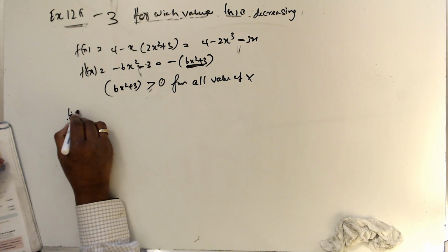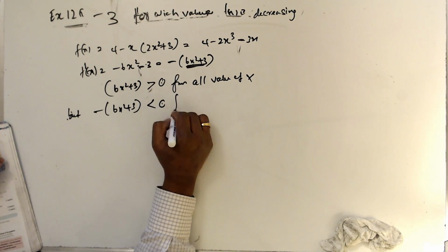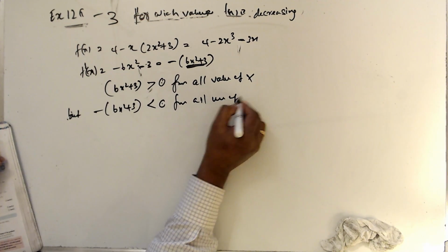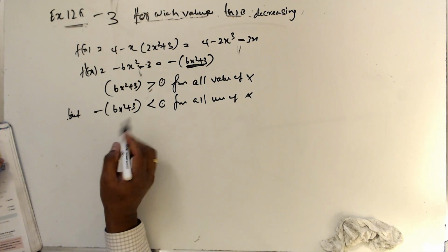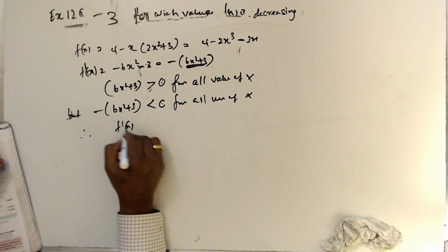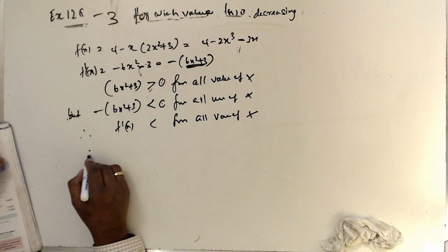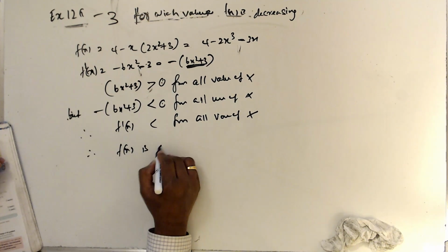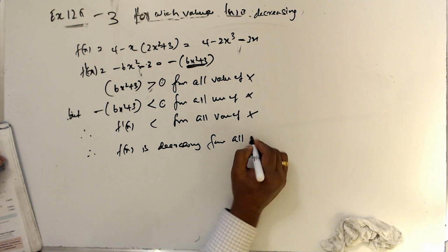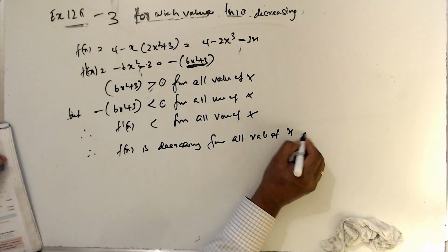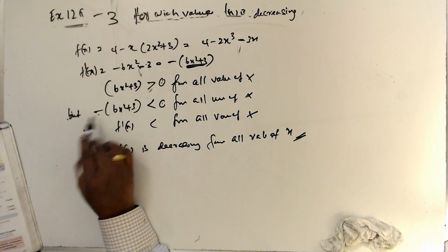But minus 6x square minus 3 is less than 0 for all values of x, because when you multiply by minus it is always minus. Hence f dash x is less than 0 for all values of x. Hence f of x is decreasing for all values of x. You know that a positive value when you multiply by a negative becomes negative. That's why.